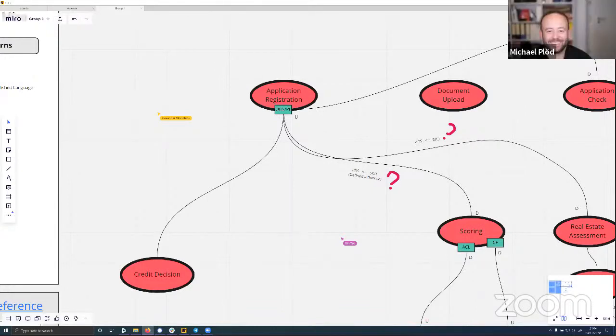So, sorry. The example that I saw was a regulator that forced certain companies to provide a certain interface in a certain structure for quite a few of the regulator's applications.